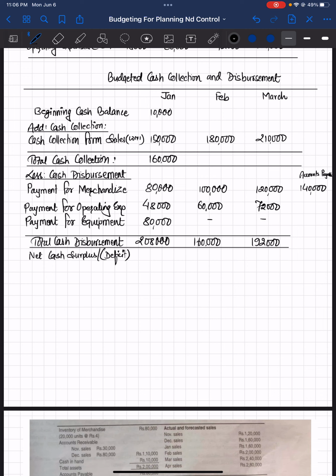And if the payment, the disbursement, is more than the cash collection, there's going to be a deficit. In this case, as you can see, we have 160,000 of cash inflow and 208,000 of cash outflow. So 160,000 minus 208,000 will give 48,000 of cash deficit, a 48,000 negative cash balance.